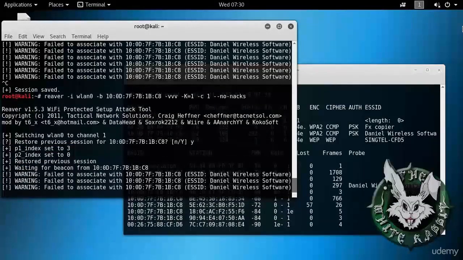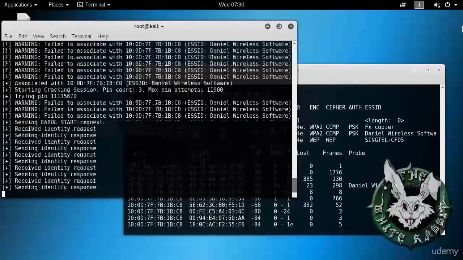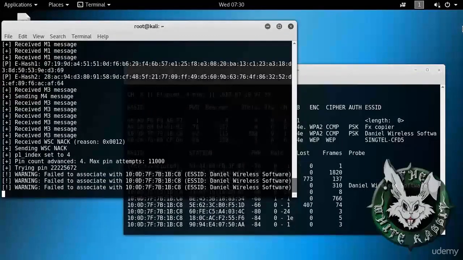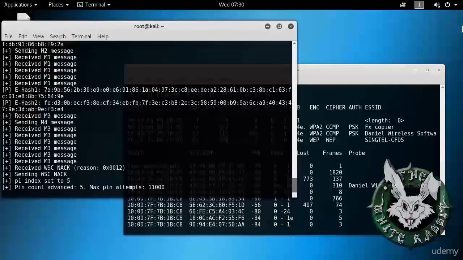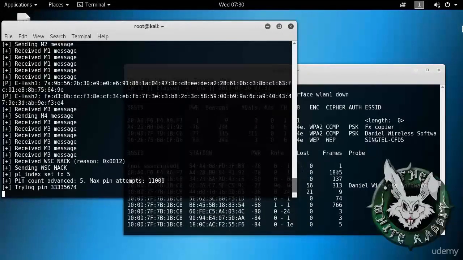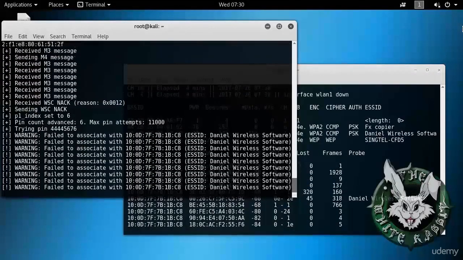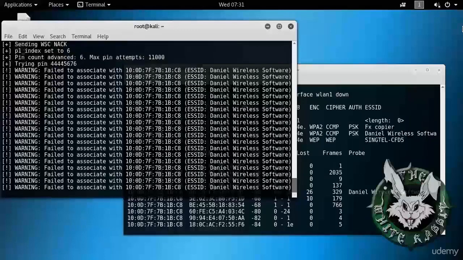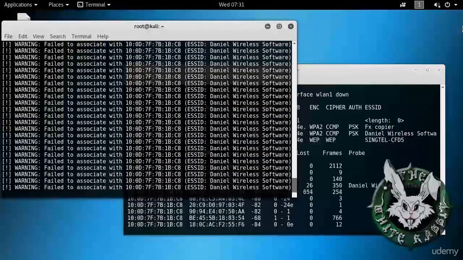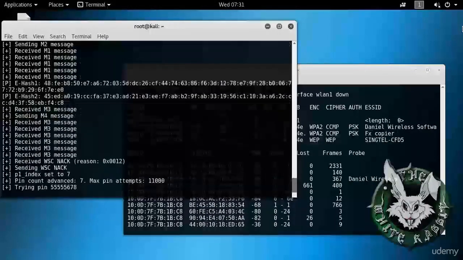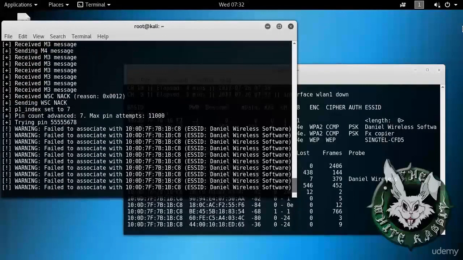We're seeing a 4 times speed up in the 16 seconds of video. Yeah, so we didn't get that same error because we set the --no-nacks. Another speed up. Trying different pins now. And here are the next 5 minutes of reaver action, greatly speeded up again. However, we see that we still have all these problems with difficulties associating with the access point.